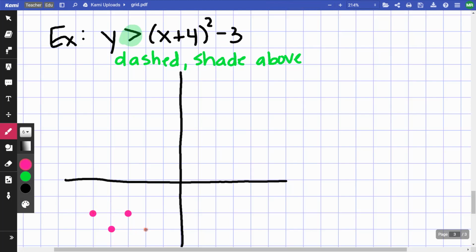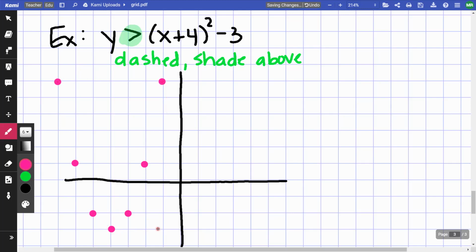Out 2 squared is 4. 1, 2, 3, 4. Let me just go out one more. Out 1, 2, 3. 3 squared is 9. 1, 2, 3, 4, 5, 6, 7, 8, 9, and so on.